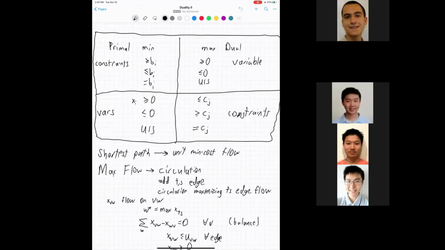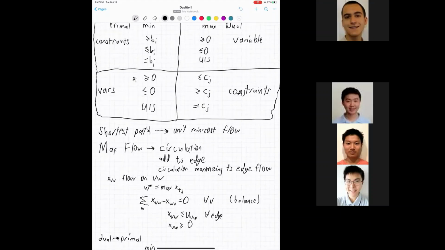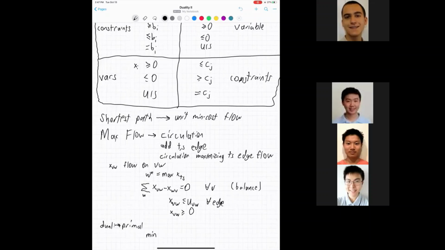So what are we going to minimize? What should the objective function look like? Where do we find it looking at the dual, the first linear program? Right, where are the coefficients that are going to show up in the objective function?